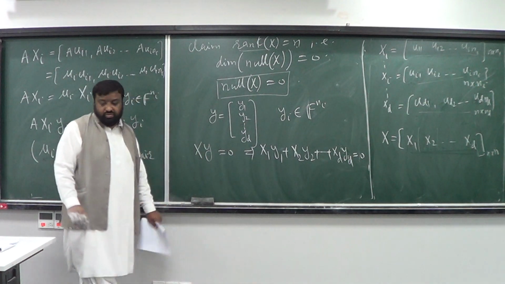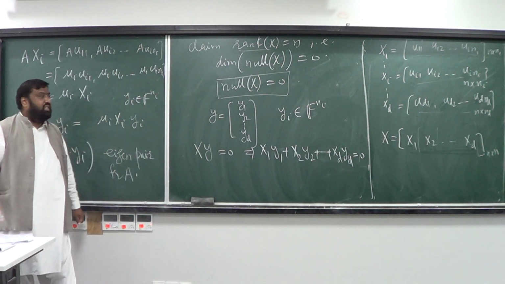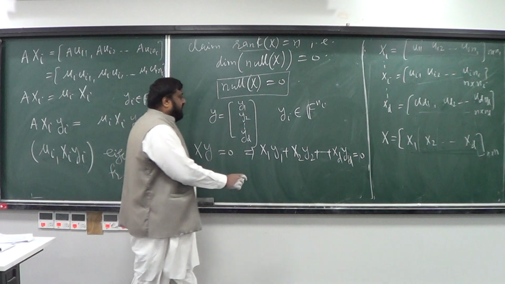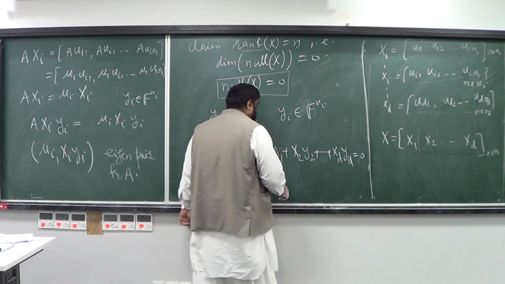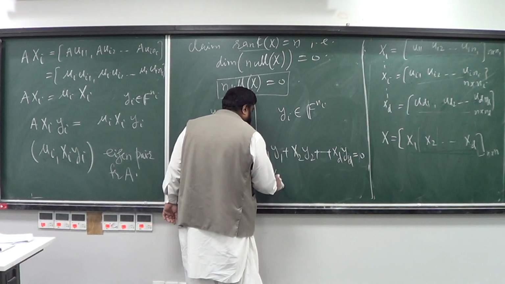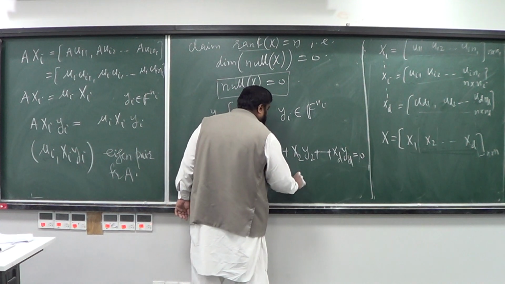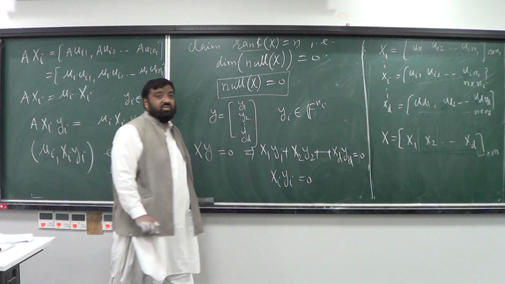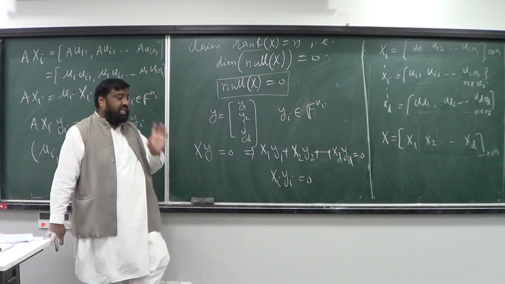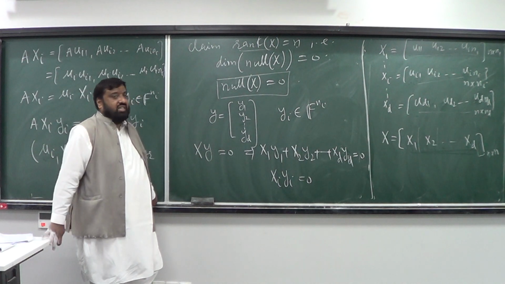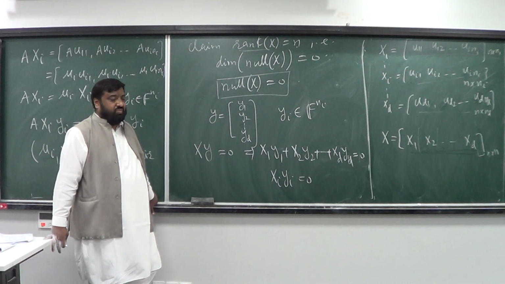This combination is equal to 0. My claim is, if this sum is equal to 0, each one of these X_i y_i is equal to 0. Okay? Each X_i y_i is equal to 0.